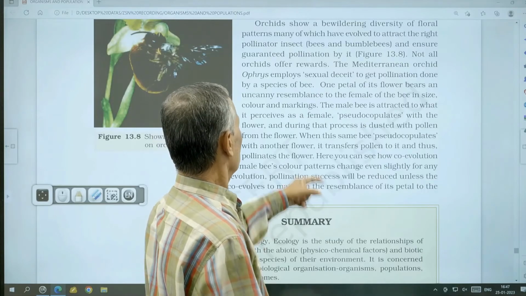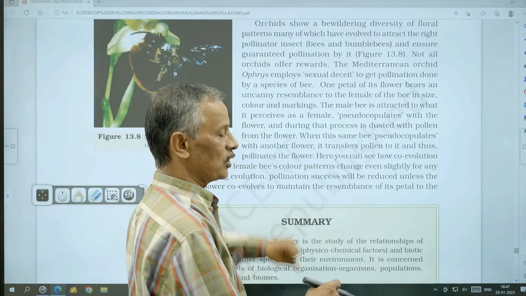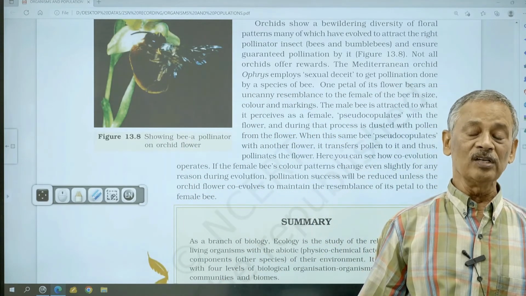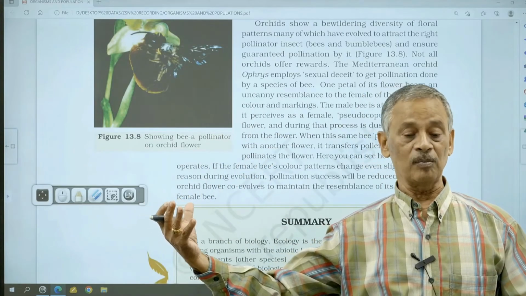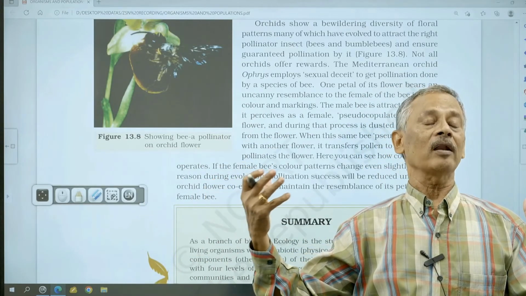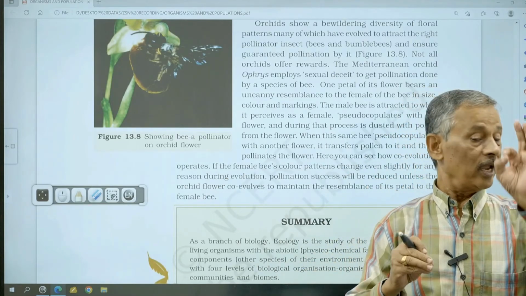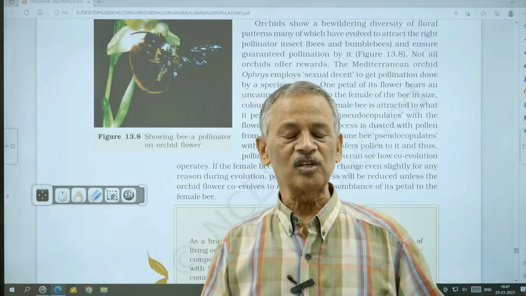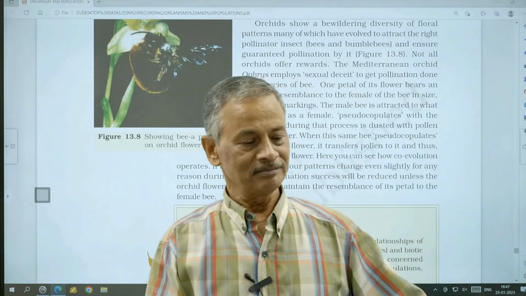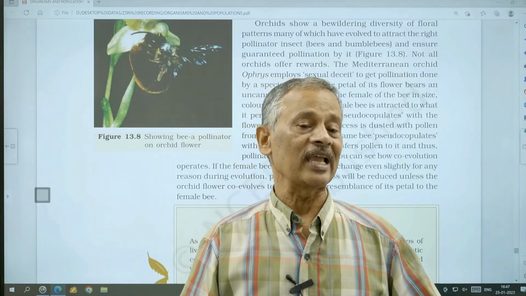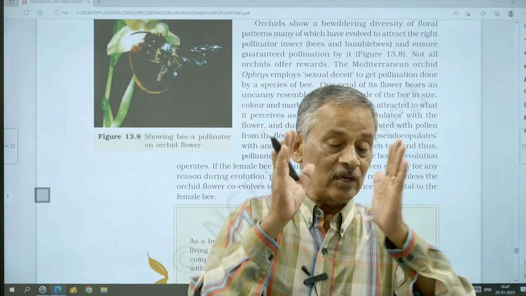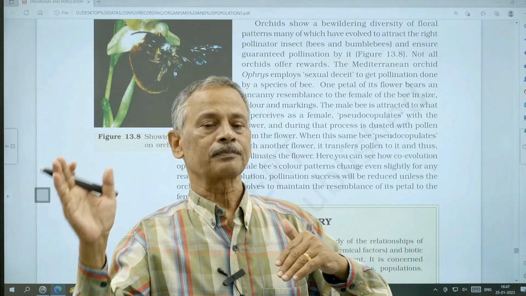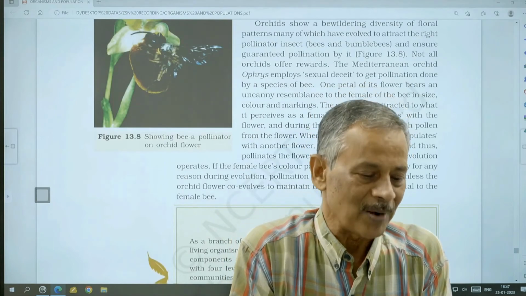Okay, so here you can see how coevolution is operating, and coevolution is also there between flowers and insects. For example, ficus plants are normally pollinated by a particular species of wasp. Only that particular species of wasp can pollinate them. So we are having interesting examples where there is a very close relationship between the pollinator organism and the flowers, the plants.